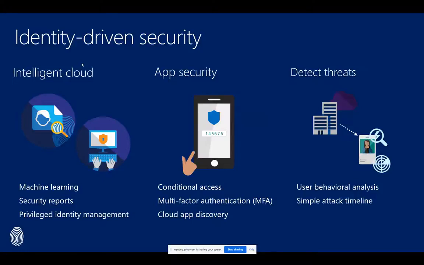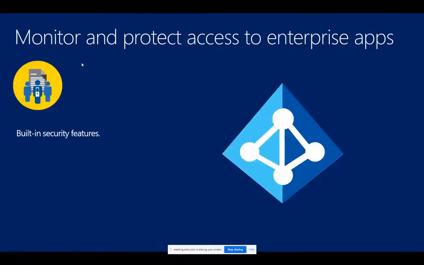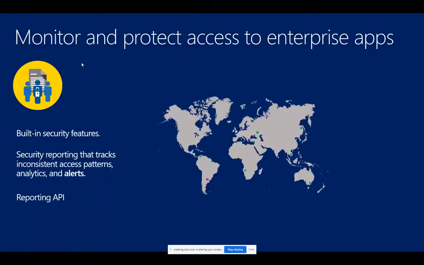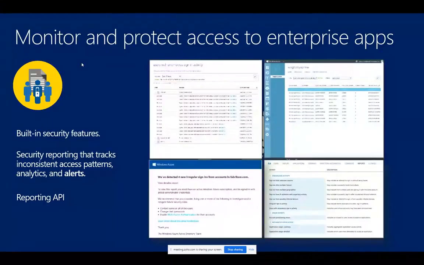All right. So this particular identity-driven security becomes the biggest advantage on why you will implement a Microsoft 365 suite and how you will monitor every identity of your environment every time they travel or access their data from different geographies.